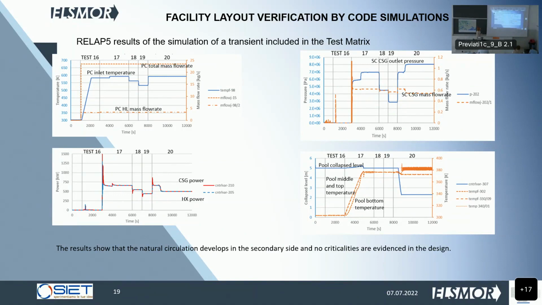For example, we have the primary circuit temperature, the blue curve, which reproduces the curve that we established in the test matrix. We have the two flow rates in the primary circuit. Then we have the type plate heat exchanger.